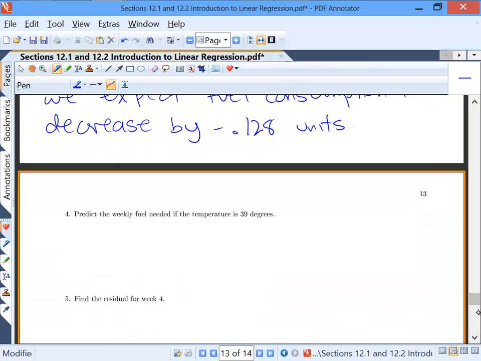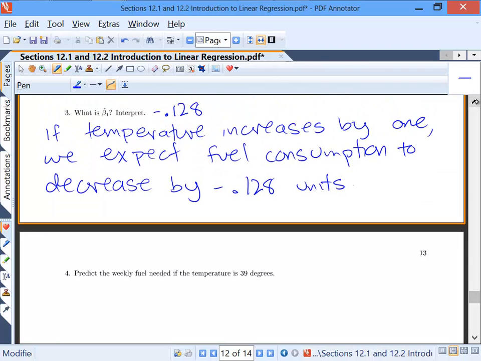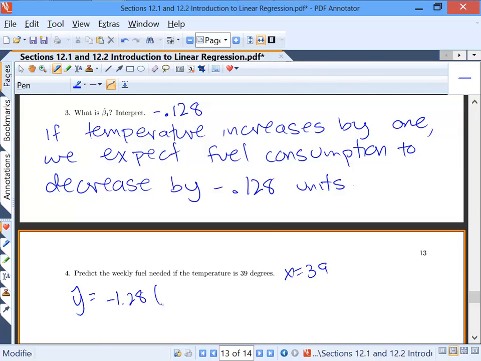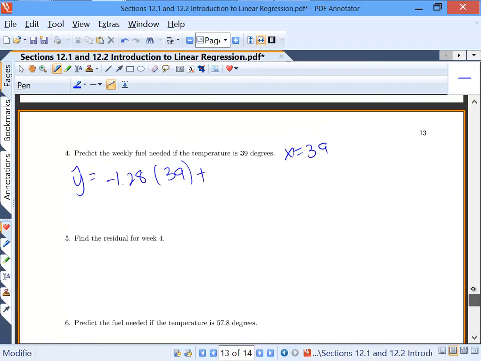So what if you want to predict your weekly fuel needed if the temperature is 39 degrees? What would you want to do here? Just plug in 39 degrees for x. Simple enough, right? So y hat is negative 0.128 times 39 plus 15.838.